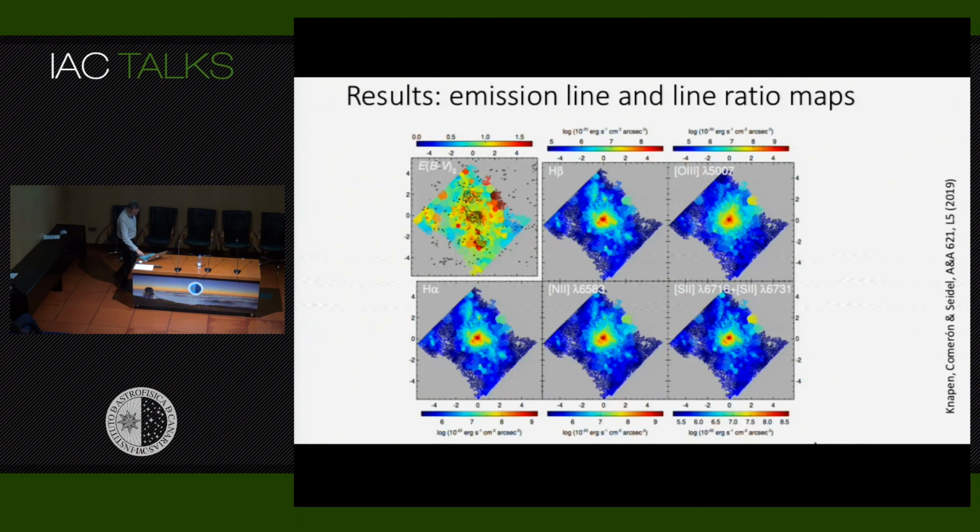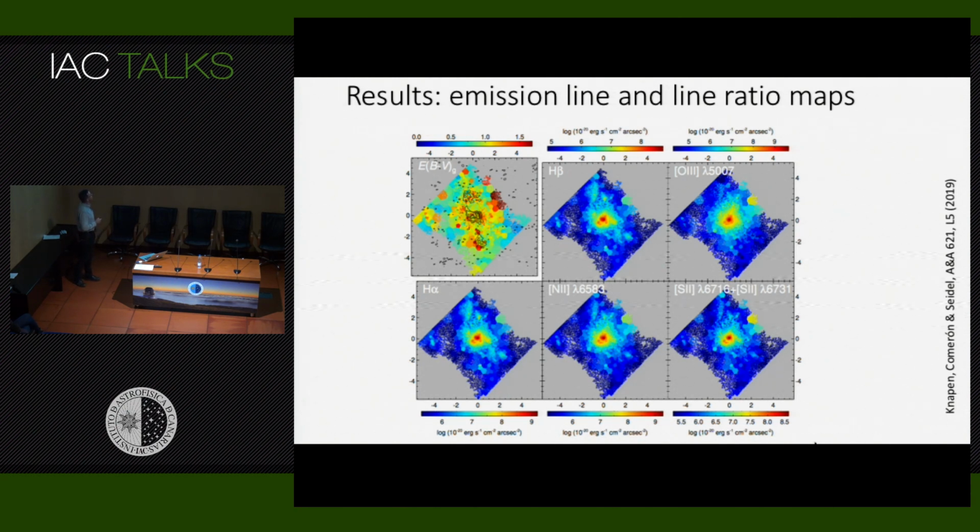So let's look at the spectra then, what we get from there. So this is a composite of some emission line maps. So here we have H beta, O3, H alpha, nitrogen 2, and 2 sulfur 2 lines added up. And we see the morphology basically as we expect, because we know this from the HST, UV, and optical data: little patches of star formation and a strong point source, which is the AGN.